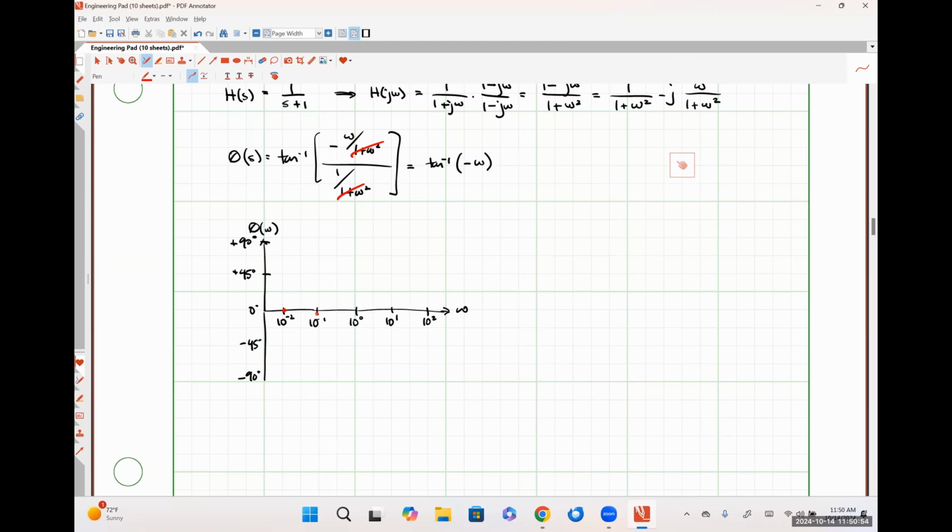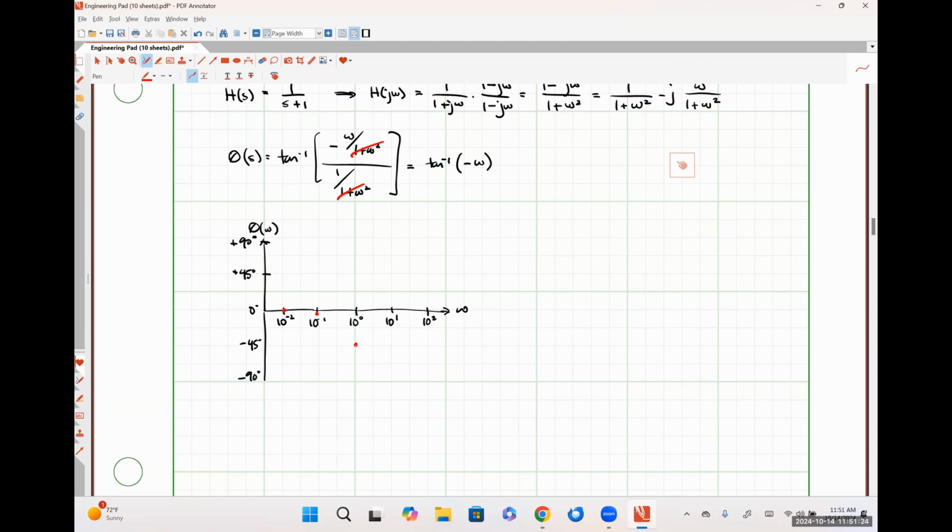The inverse tangent of 1, well, I got 5.7, but I'm putting in a positive value and I should have been putting in a negative value, right? Because we're doing the inverse tangent of negative omega. So at omega equal to 1, we hit exactly negative 45 degrees.